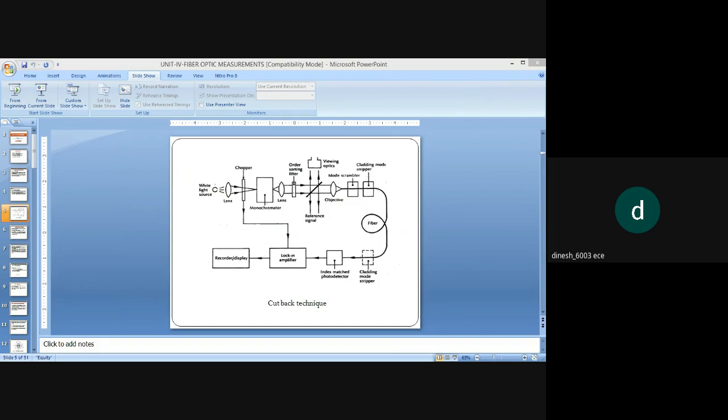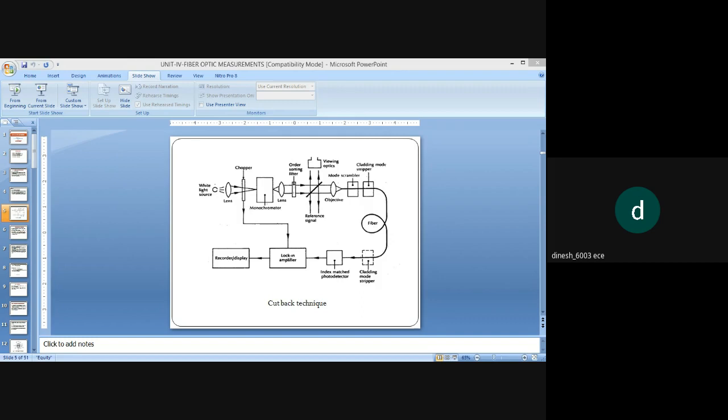So this is your monochromator. From this, a lens will again divide it in the order sorting filter. Then with reference to a reference signal, using viewing optics, we can view that.